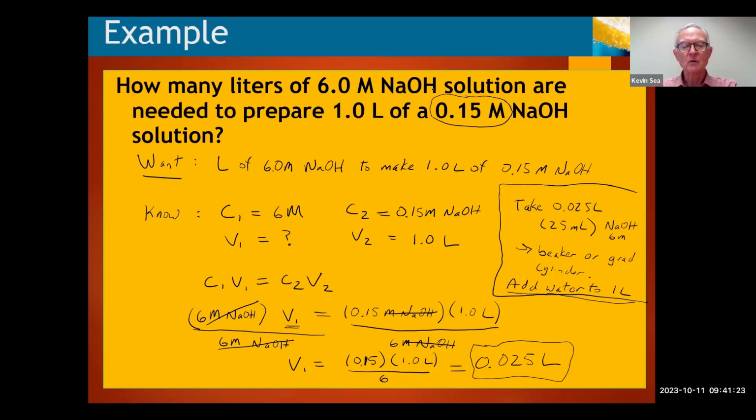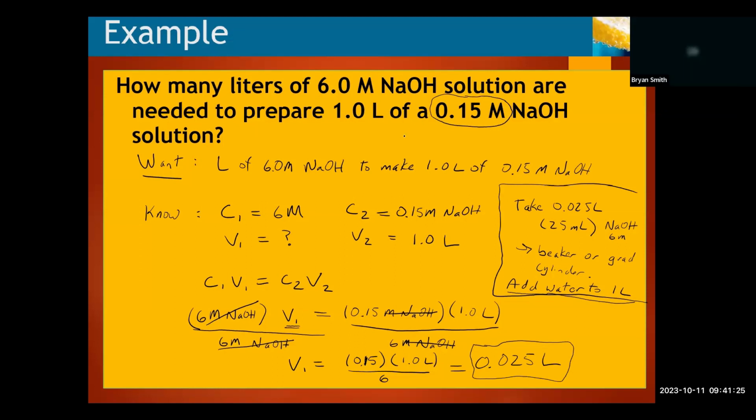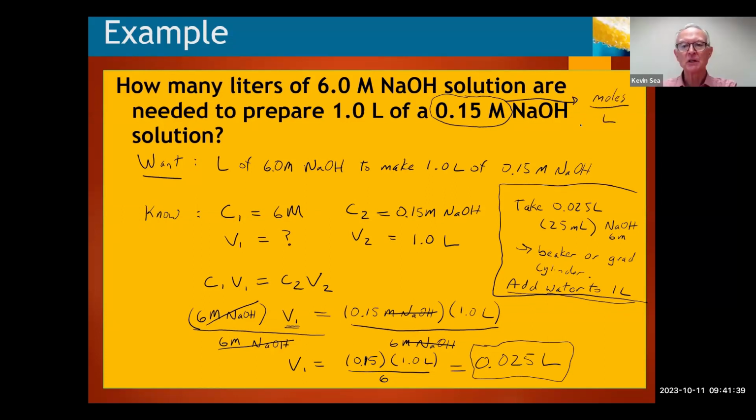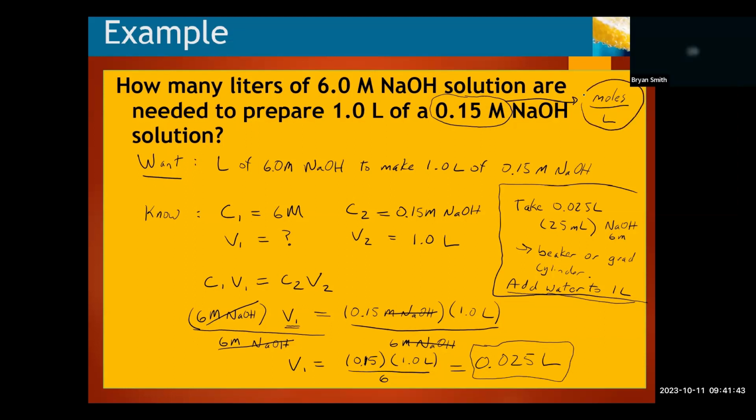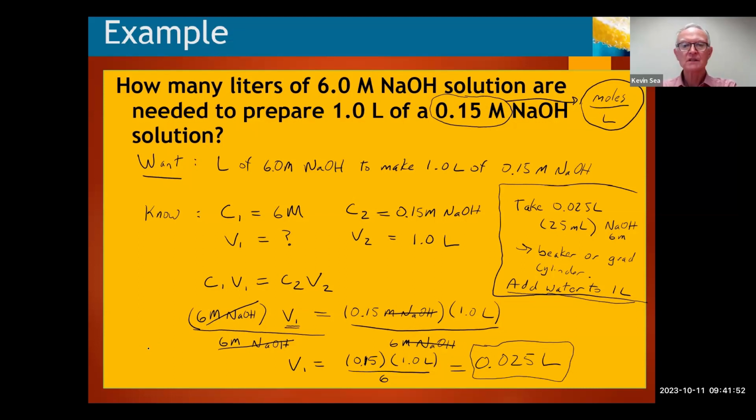We want a 0.15 molar solution, and molar is defined as moles per liter of solution, which we just found, and that's our answer. Any other questions there?